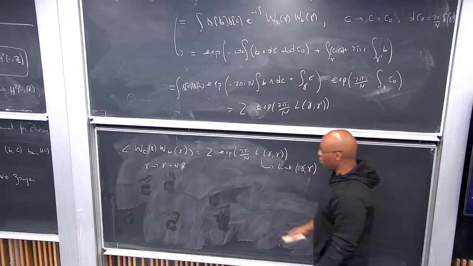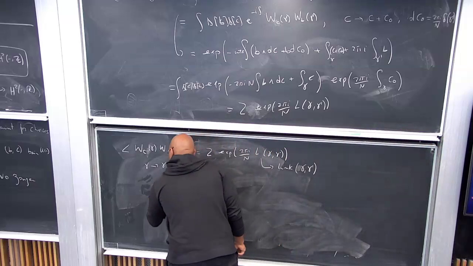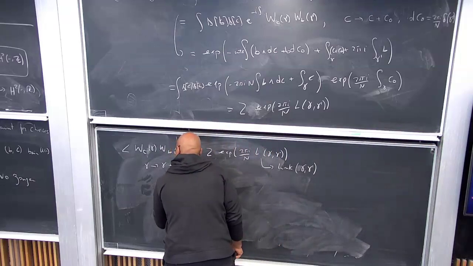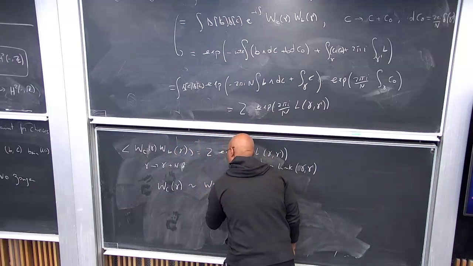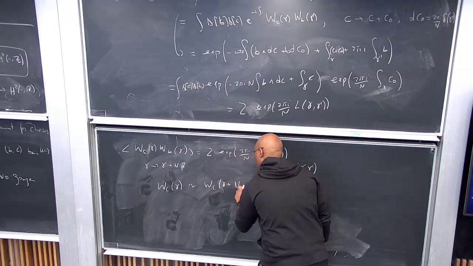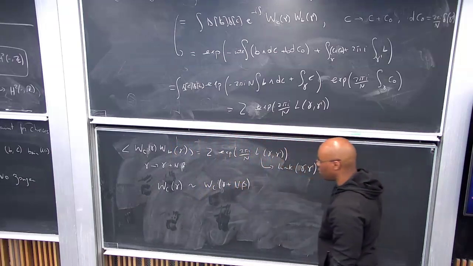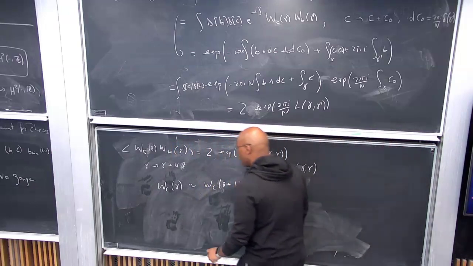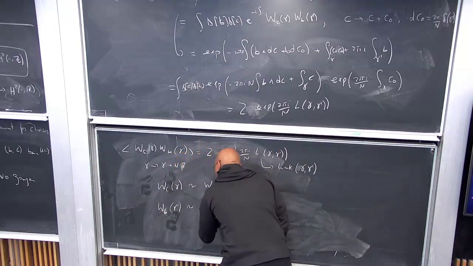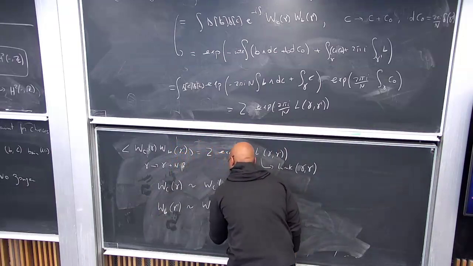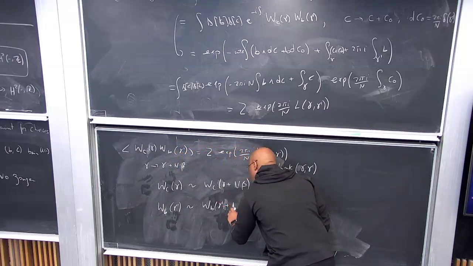So we observe from this that WC of gamma identifies with WC of gamma plus n times another closed curve. Similarly, WB of gamma prime will identify with WB of gamma prime plus n times beta.